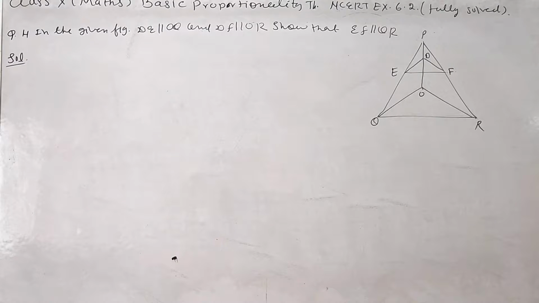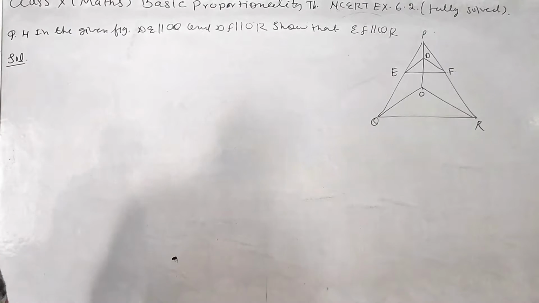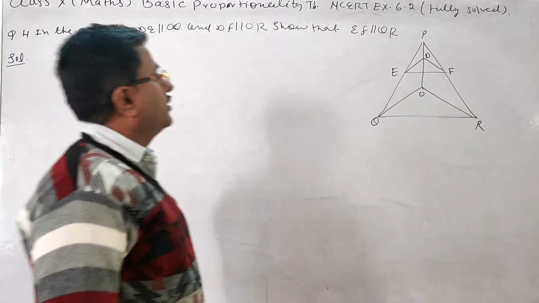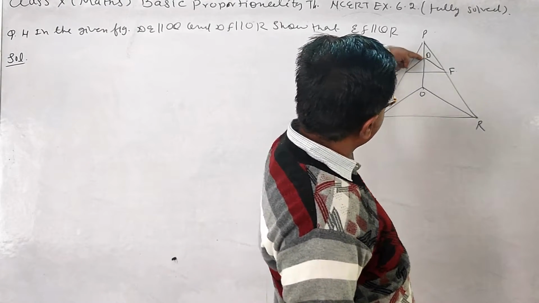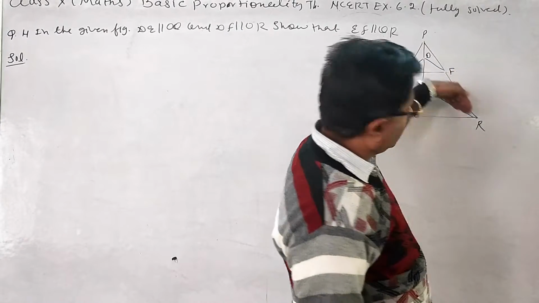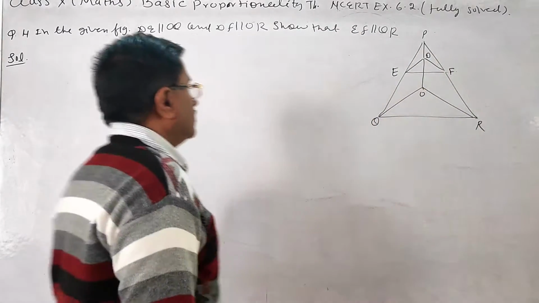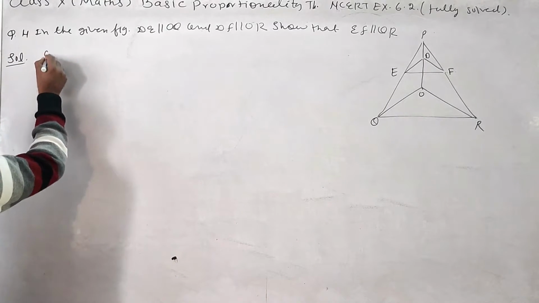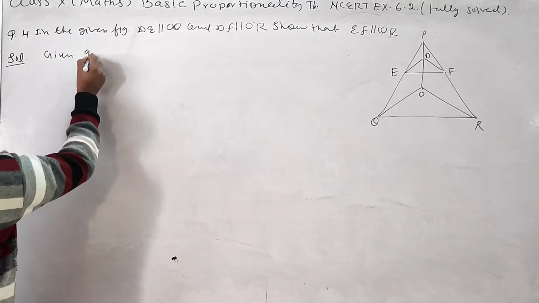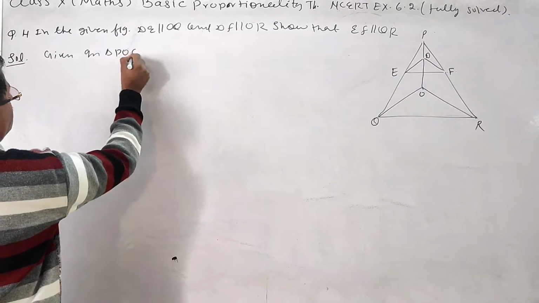Now the next question. In the given figure, DE parallel to OQ and DF parallel to OR. We have to prove EF is also parallel to QR. So in the solution, suppose we consider triangle POQ.